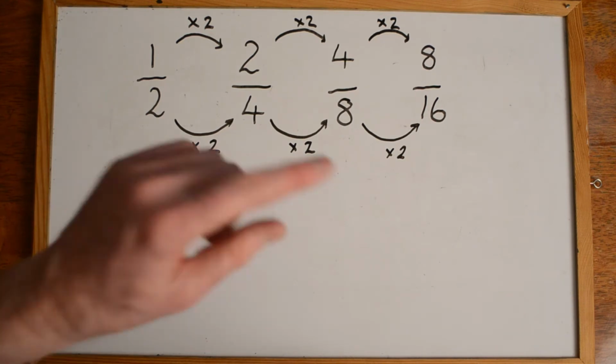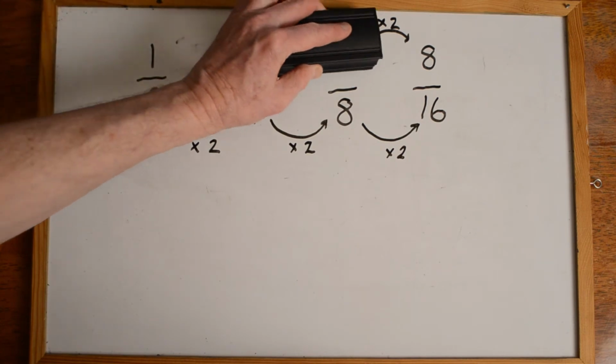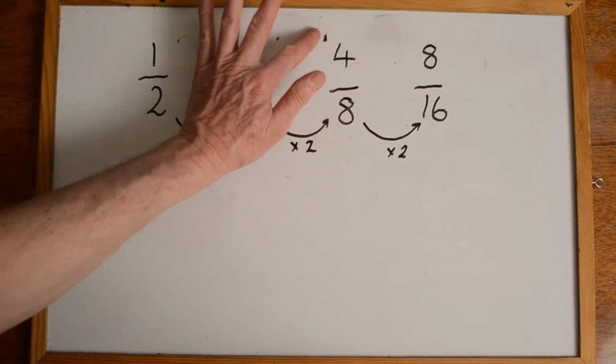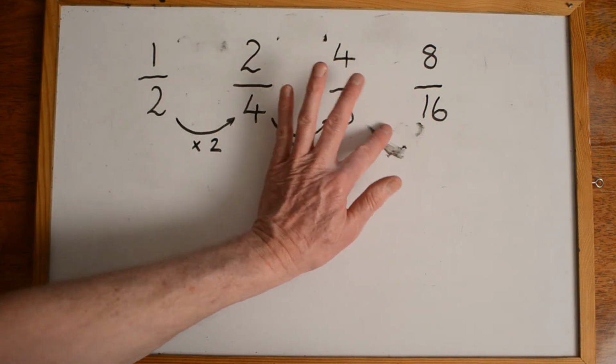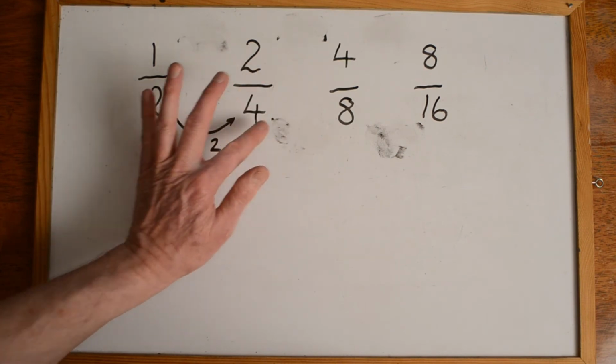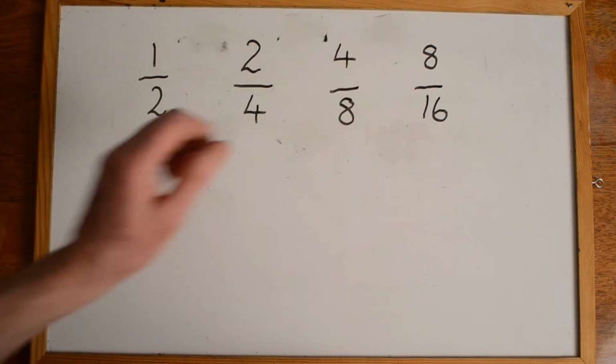What if we wanted to go the other way and we had 8/16, but we wanted to get back to 1/2? So what we need to do is divide by 2.